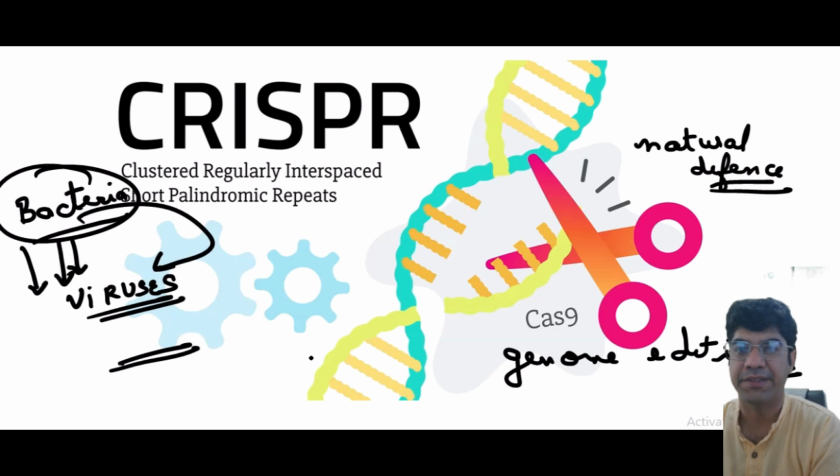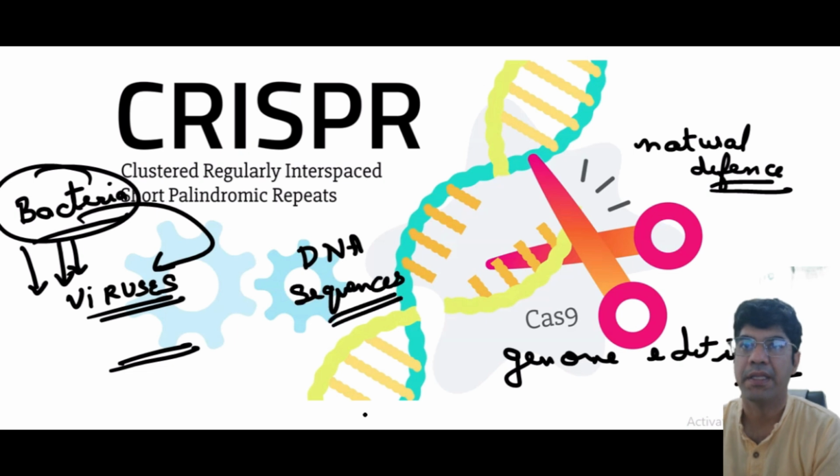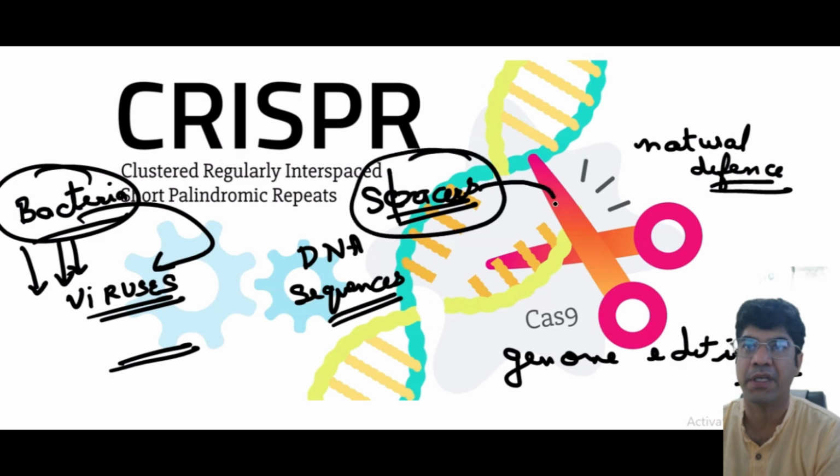So what does it consist of? It consists of short repetitive DNA sequences interspaced with unique sequences that are known as spacers. Remember, these spacers are derived from the DNA fragments of the bacteriophages.